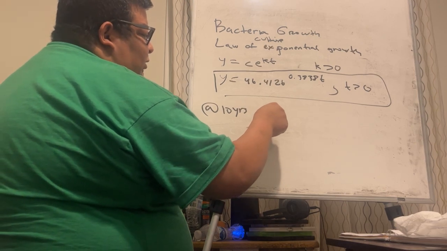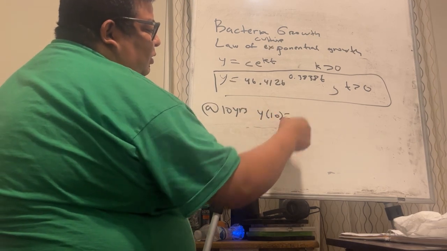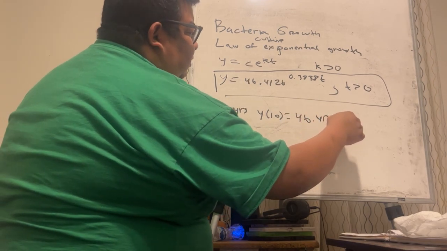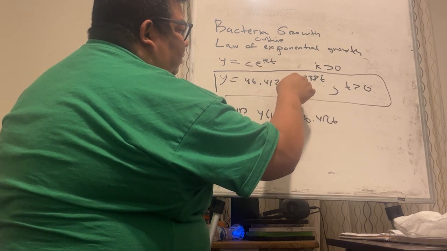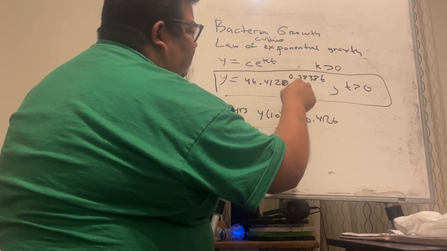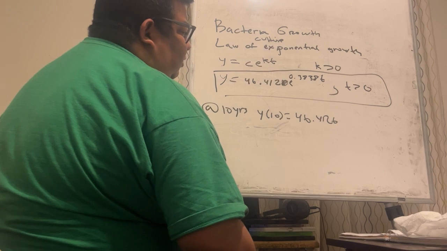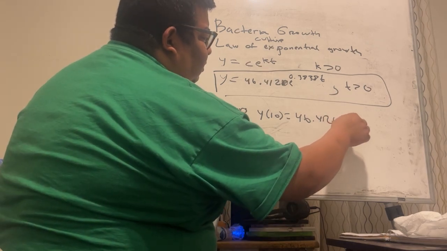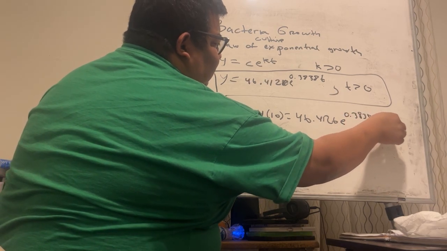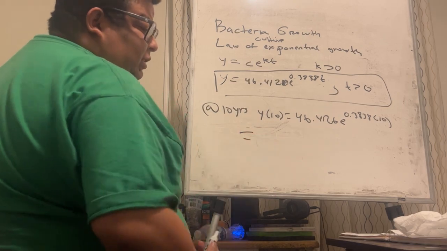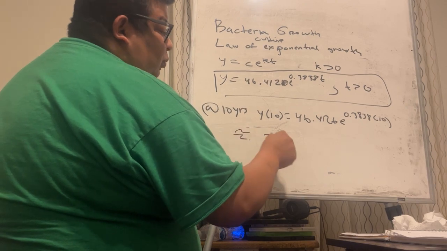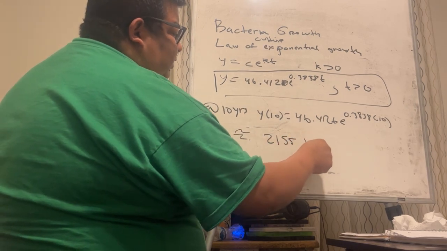So y of 10 is equal to 46.4126 e to the 0.3838 times 10. And that gives us an answer of 2155 bacteria.